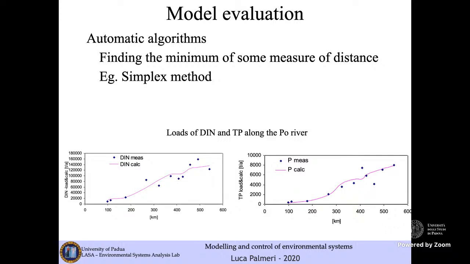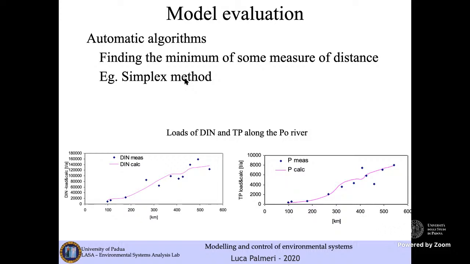It's called calibrator. I think in MATLAB there are some modules that allow you to reduce the distance between the performance of a model and the experimental data. So the idea is that of finding the minimum of some measure of distance.